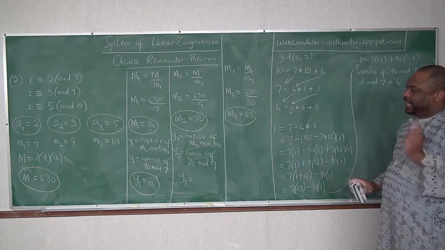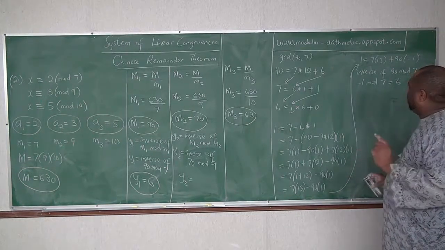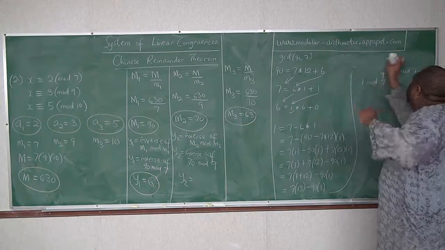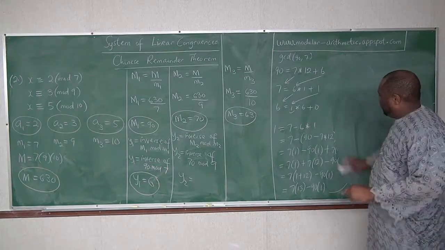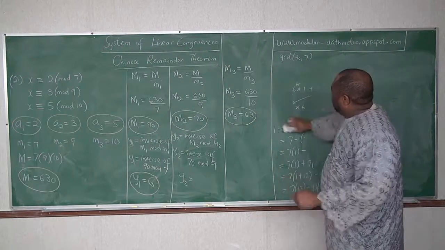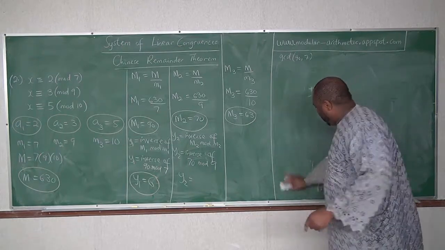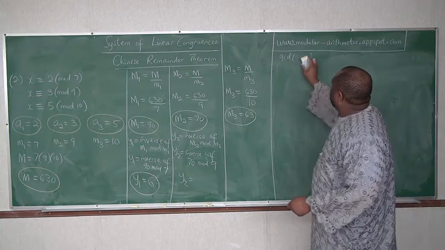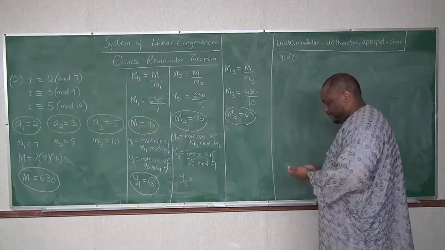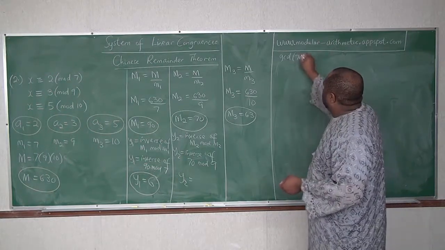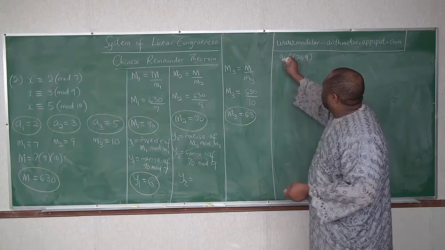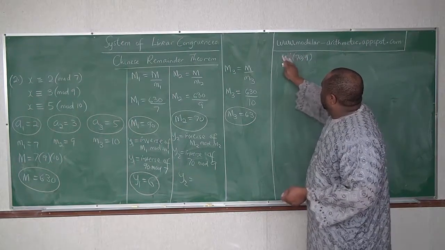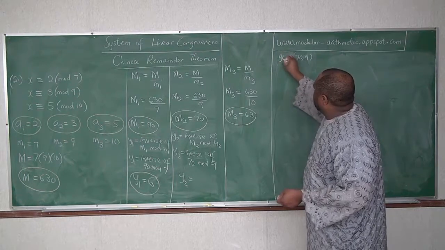GCD of 70 and 9, and then we can get the inverse.